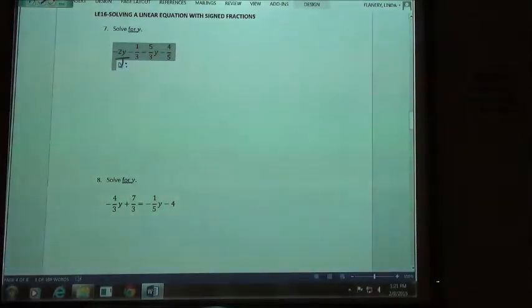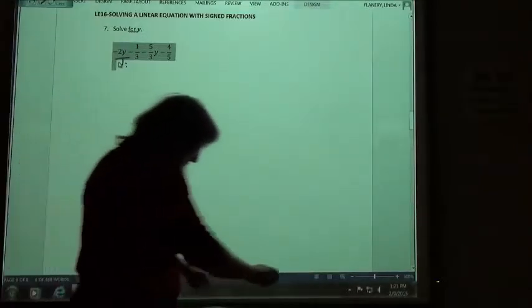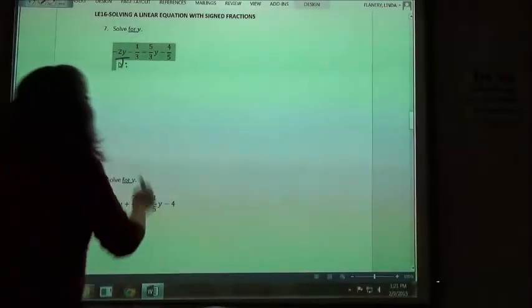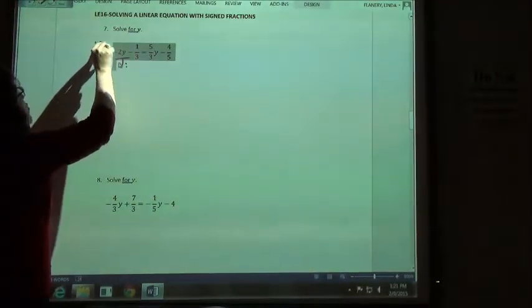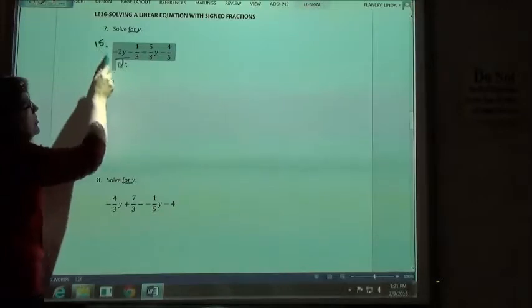I have negative 2 over 1 minus 1/3 equals 5/3 y minus 4/5. Again, we're going to get rid of the fractions as the first step, but we really don't have to worry about that 1, right? So we have 3's and we have 5's. Our least common multiple then would be 15. So I'm going to multiply every term times 15, including this whole number.